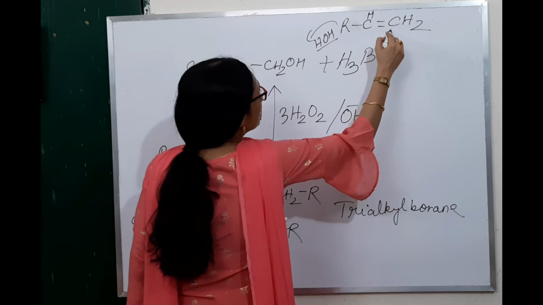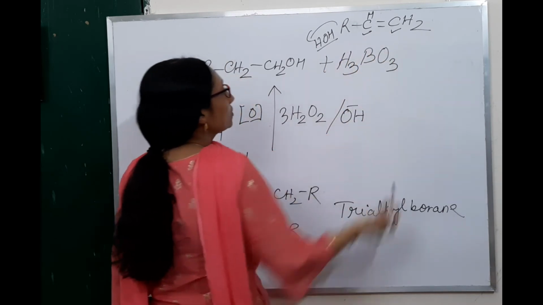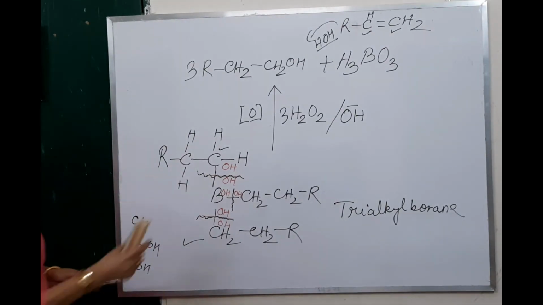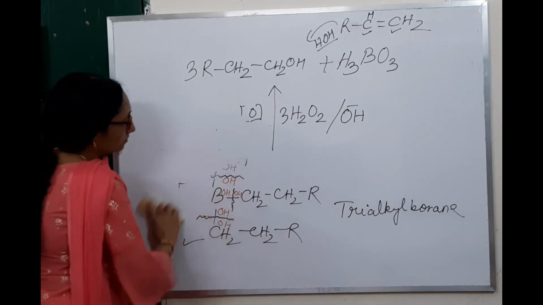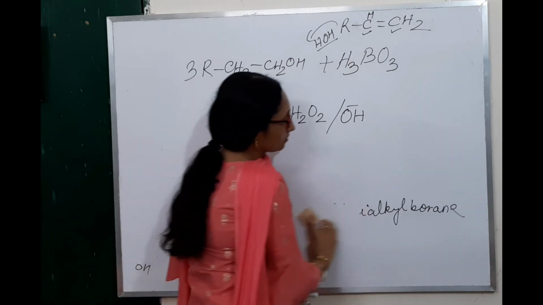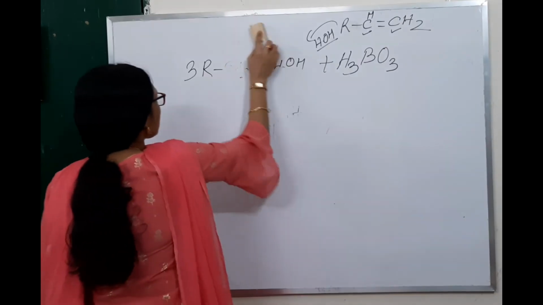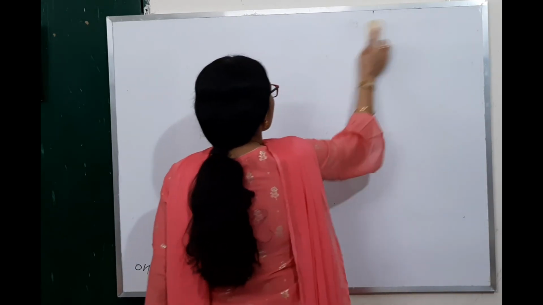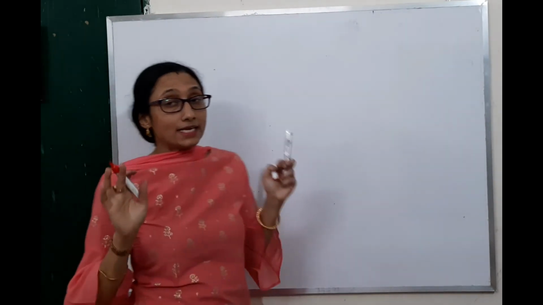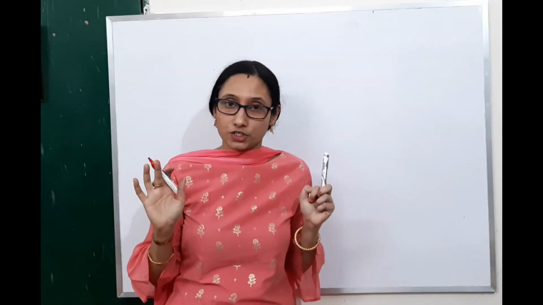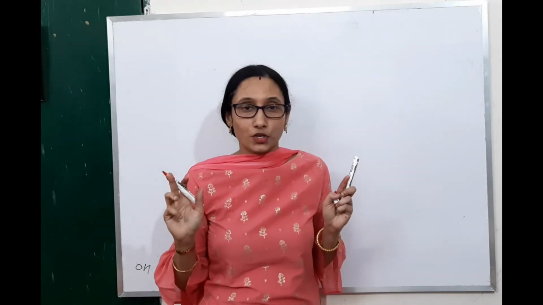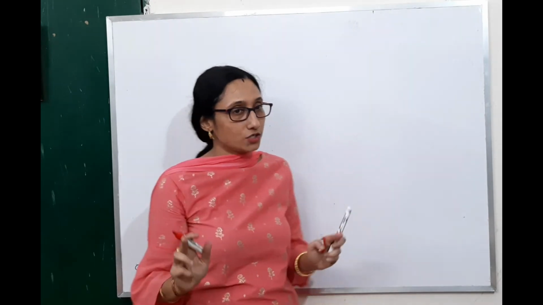See OH to this carbon and H to this carbon. So the net result of hydroboration followed by oxidation is anti-Markovnikov's addition of water.